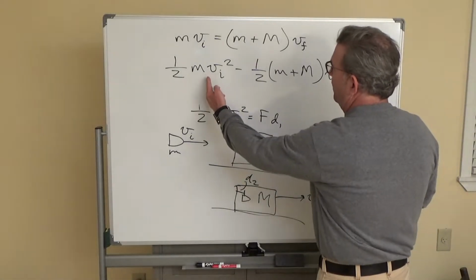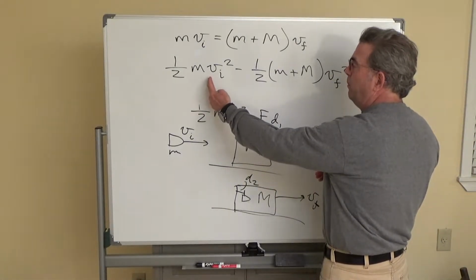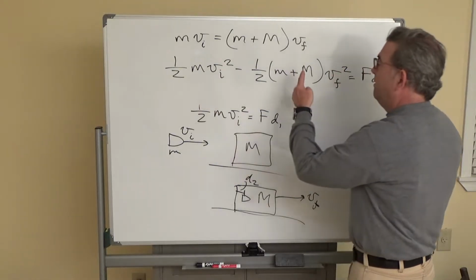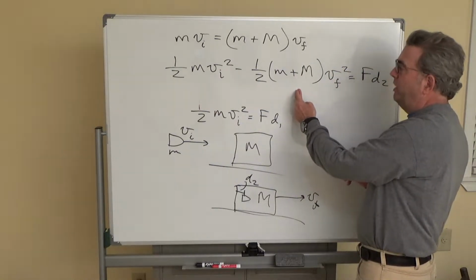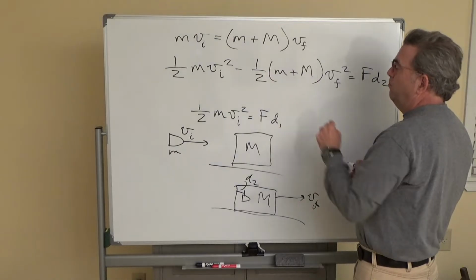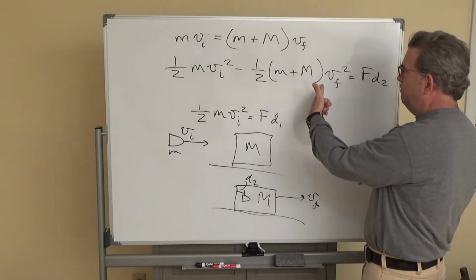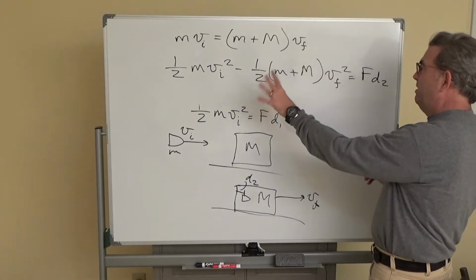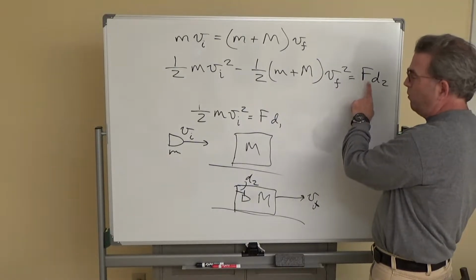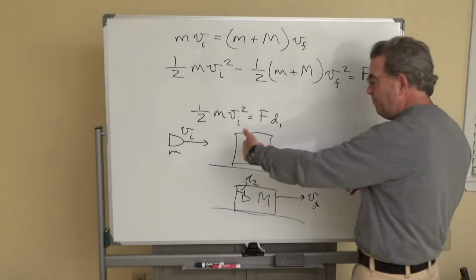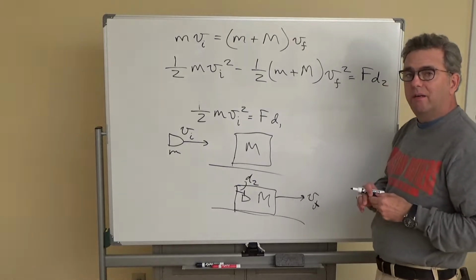So you've got the initial kinetic energy of the bullet, the final kinetic energy of the bullet-block system, and the difference in those two is what was lost in stopping that bullet in the block.